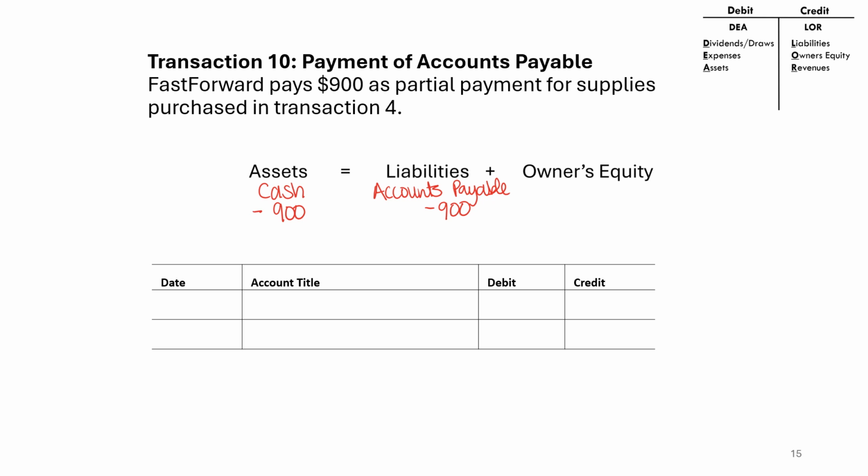Transaction 10, payment of accounts payable. When an account payable is initially recorded, say in transaction 4, a previous transaction, the journal entry is a debit to some type of expense or asset.